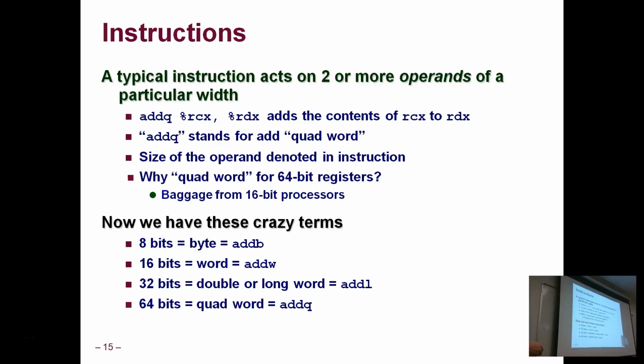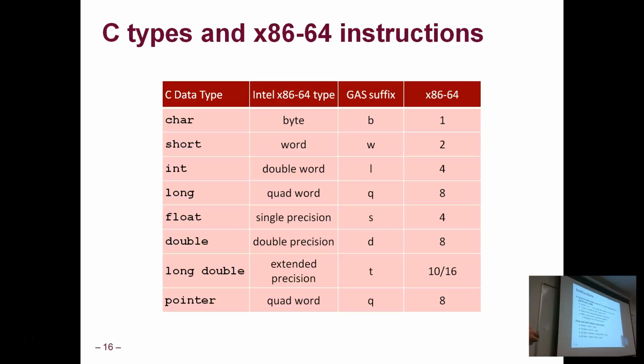Then when we went from 16 to 32, we said that's a long word, or sometimes a double word, so it's add L for the mnemonic on the instruction. And the last one is add quad, to say this is 4 times the 16 bits. So when you look at an instruction, the last letter tells you the width of the instruction. And these are all separate opcodes in x86.